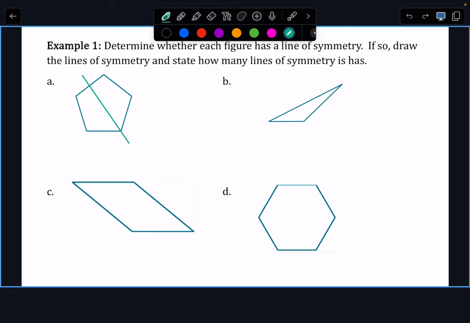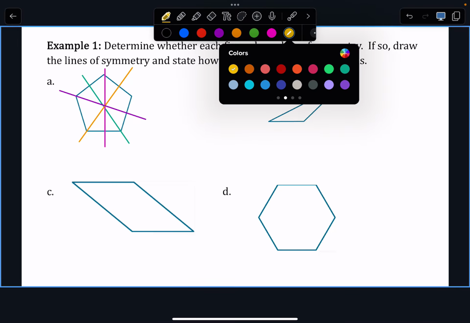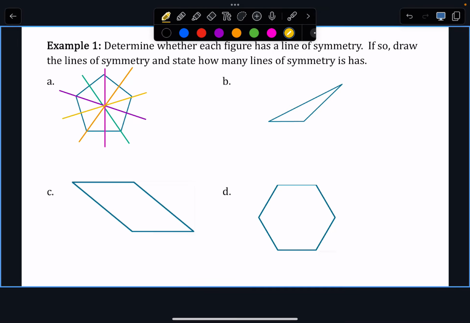Hey, we're going to have to draw them. 2, 3, 4. Okay. 5 of them. Look how beautiful that is.